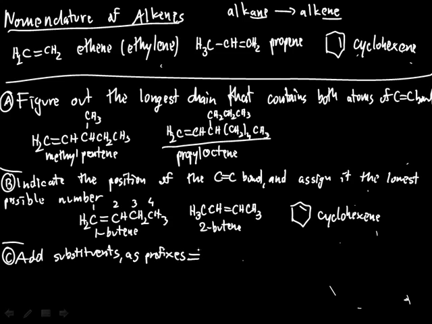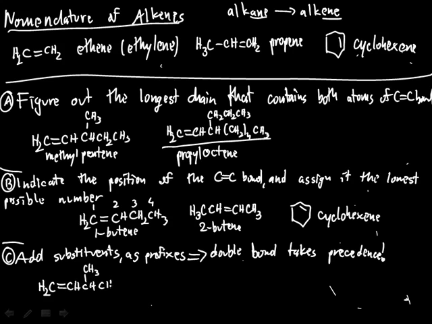But one thing that we must remember is that the double bond takes precedence. Because in alkanes, we didn't have any functional groups. The substituents themselves were the things of highest priority, and so they would take precedence when it comes to numbering. Here, substituents have to conform to whatever is already determined by the position of the double bond.